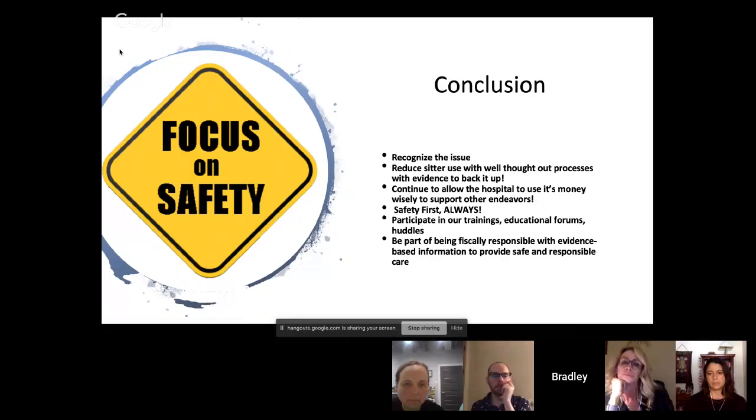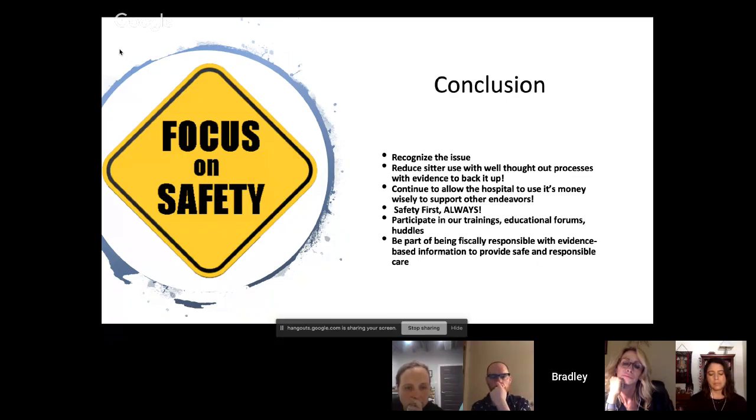So what is the reality? This is an issue. We can certainly reduce sitter use with well thought out processes with the evidence that backs it up. I've got data. I've got information, so we'll use that. Certainly want to allow the hospital to put almost $1 million somewhere else in the other endeavors that they've got going.